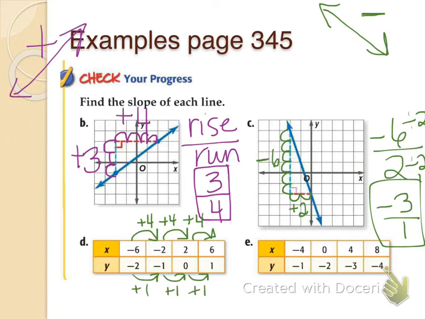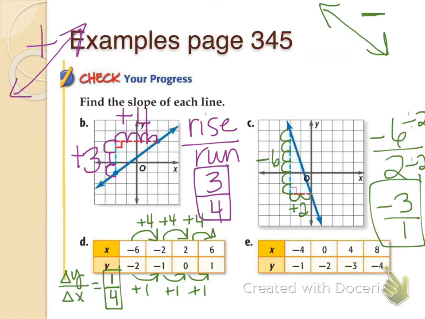But they are adding 1 every time. So my formula, delta y, change in y, over delta x, change in x, gives me a +1 over a +4. My y's are changing +1, my x's are changing +4, so the slope is 1/4.